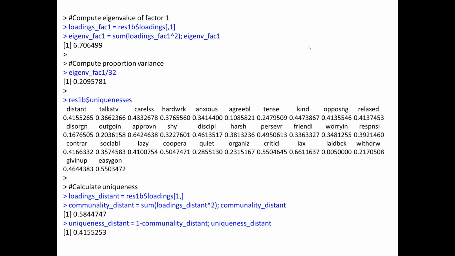Given the table of values for these variables, the computations for the uniqueness of the variable distant are shown on this slide. The uniqueness of distant is found to be 0.4155 and so on.